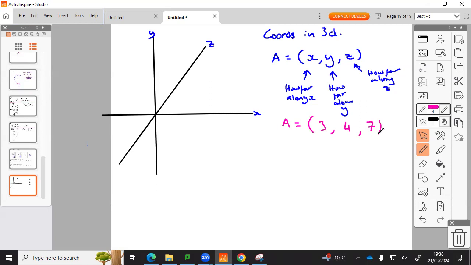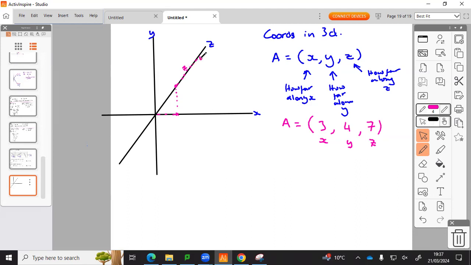I'm going to my x-axis, going along 3. I'm going to my y-axis, and I'm going up vertically by 4. And I'm going to my z-axis, and I'm going back with a depth of 7.